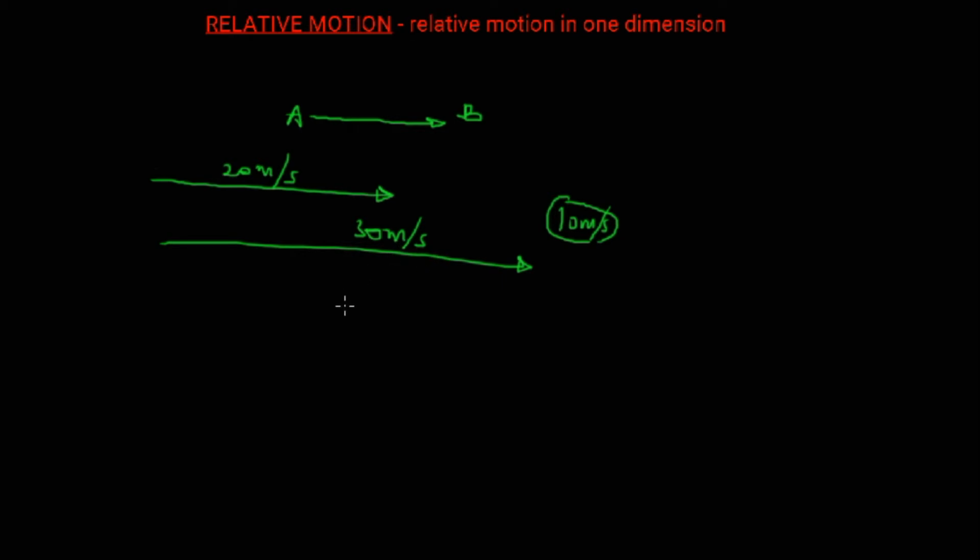Before we talk about relative motion in one dimension, I would like to define the word frame of reference. The frame of reference, or reference frame, is the coordinate system in which the position, the velocity, and the acceleration of an object that is either moving or at rest is measured. For instance, this 20 meters per second is the velocity of this car. I can say it again by saying the 20 meters per second is the relative velocity of this car to the ground.